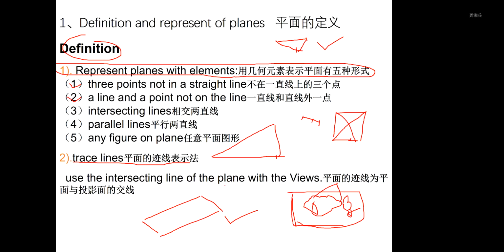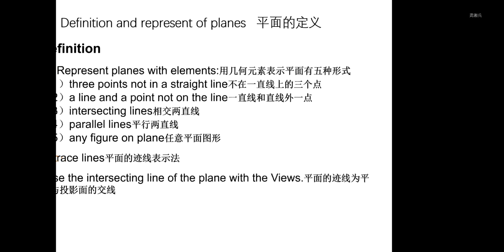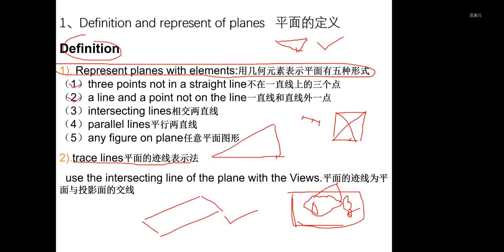You can extend the plane in its direction, so you can find the intersecting line of the plane with the projection plane. This we call the tracing line. This is a way to show how to get the two-dimensional shape of the plane.